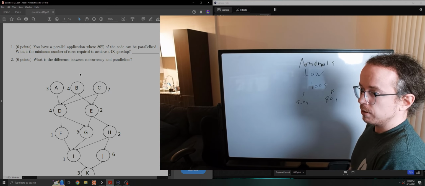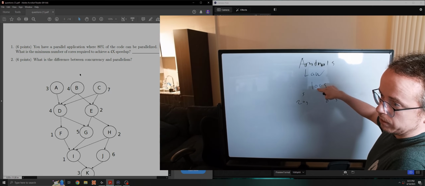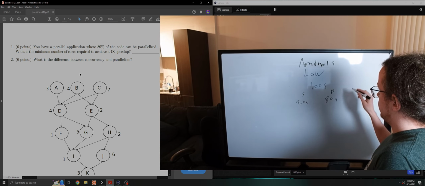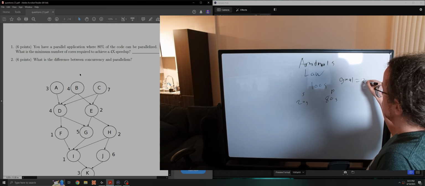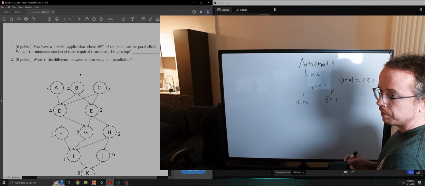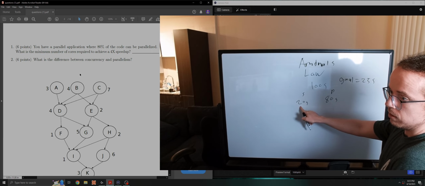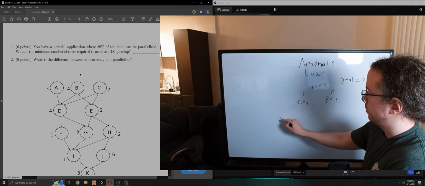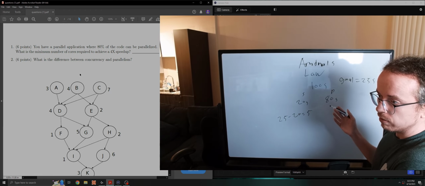Our goal is to get a 4 times speed up. What is 4 times faster than 100 seconds? It's 25 seconds. So our goal is 25 seconds. Well, 20 seconds cannot change. So 25 minus 20 equals 5.